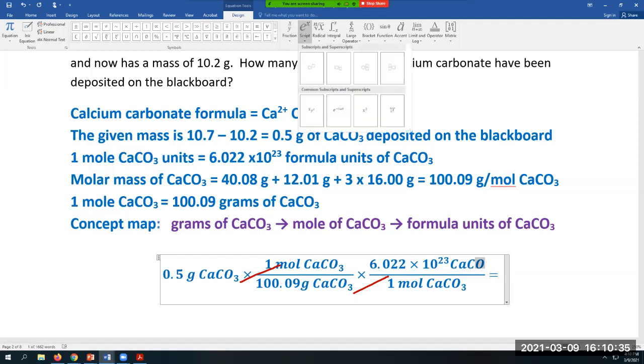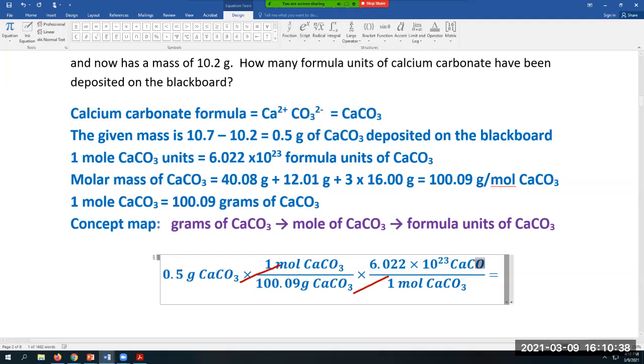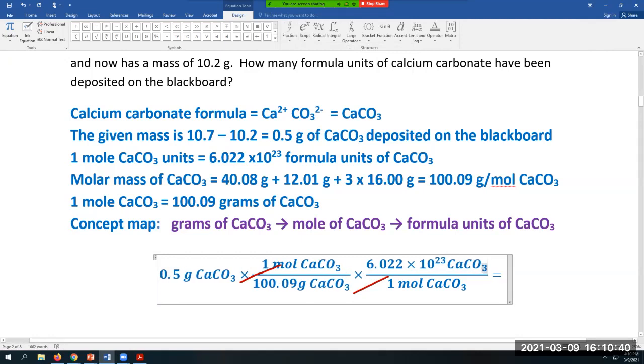Because those units can be long, and it's okay to write just CaCO3 units.